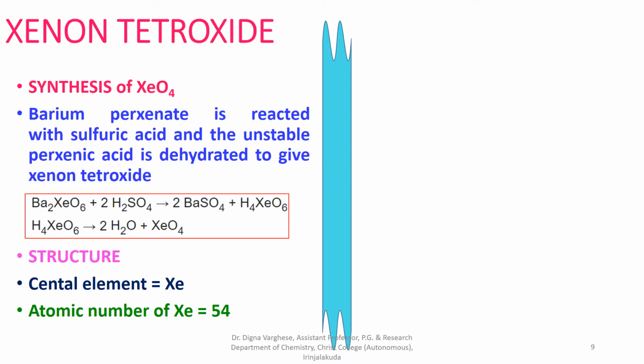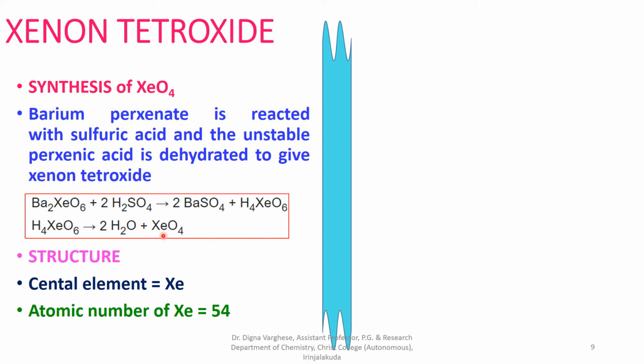Synthesis of xenon tetroxide: when barium perxenate is reacted with sulfuric acid, it gives perxenic acid, which is unstable. This perxenic acid on dehydration gives xenon tetroxide.